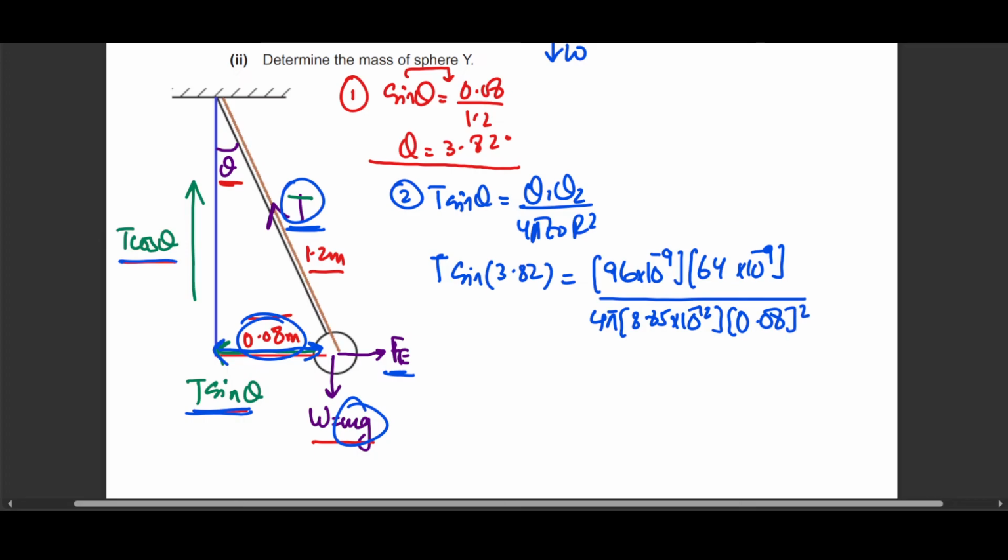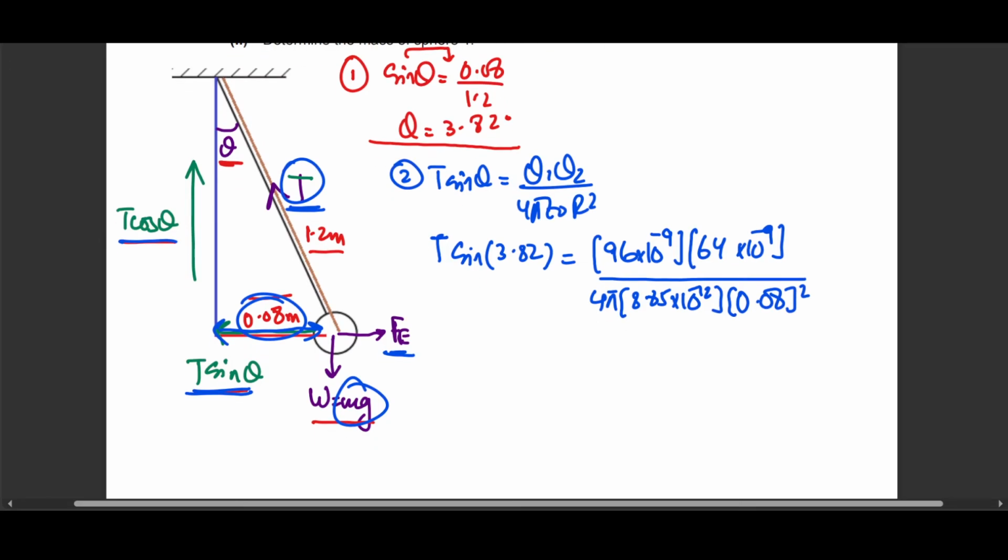Please don't forget the square, take the square, and divide by sine theta. So T comes out as 0.1295, which is equal to 0.13 newtons. So now I know that the value of T is 0.13 newtons.